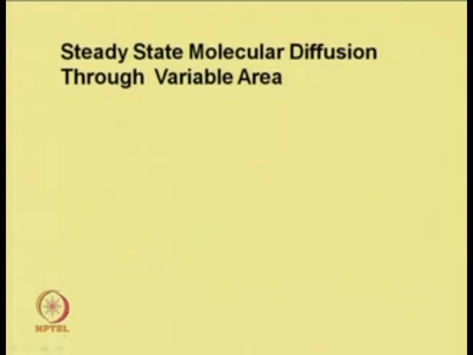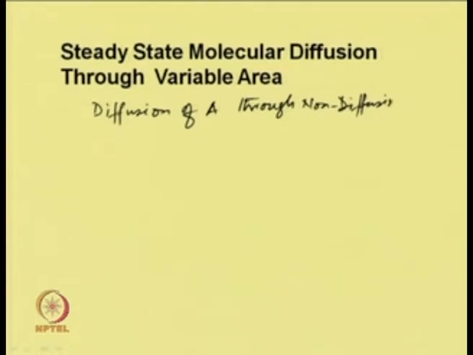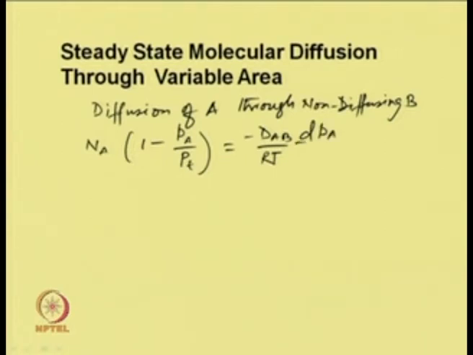So, if we apply Fick's law of diffusion, consider the case diffusion of A through non-diffusing B. So, in this case we know the flux is related with the partial pressure P A by P T, the total pressure, is equal to minus D A B by R T d P A d R for ideal gas.